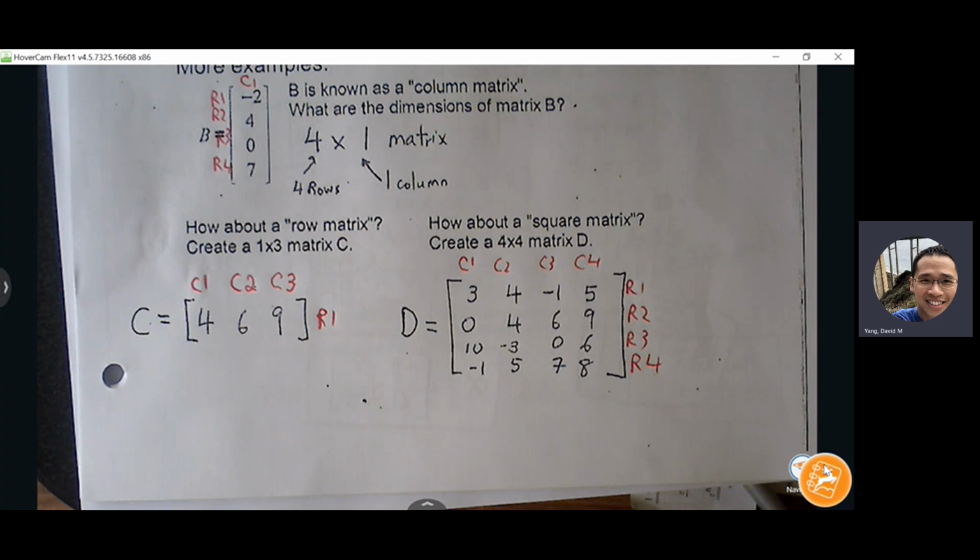Yeah, so any numbers that you can fill in is fine, but it should look like this. It should have 4 rows and 4 columns.